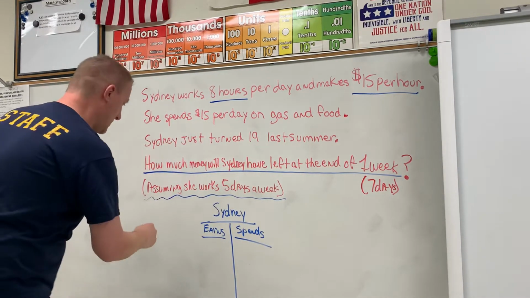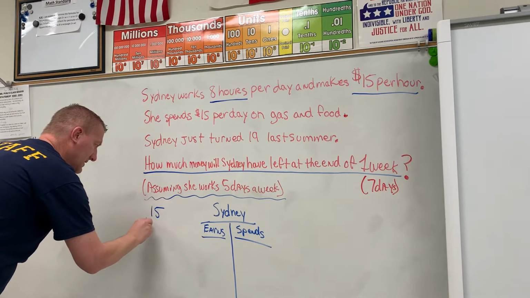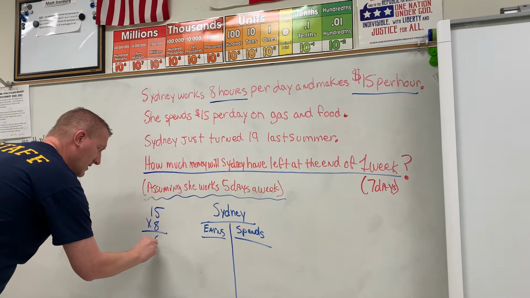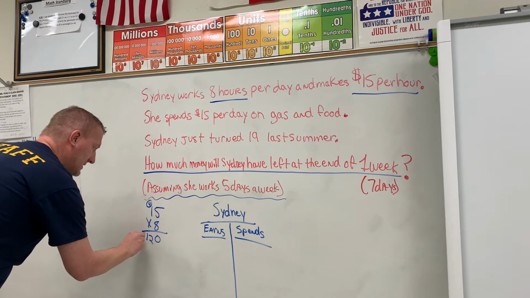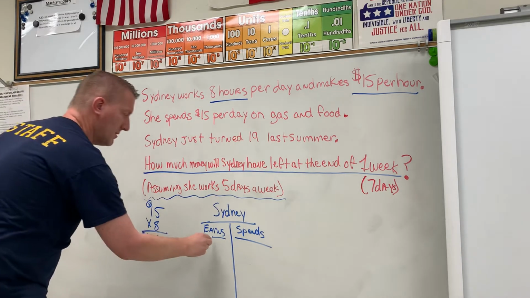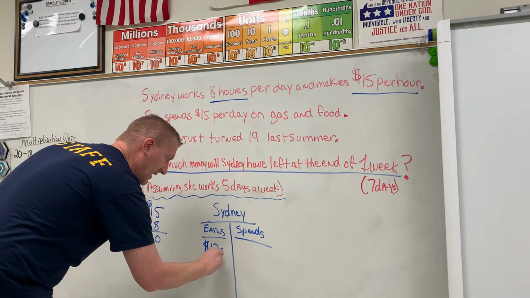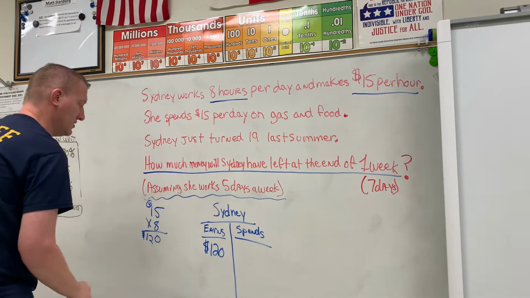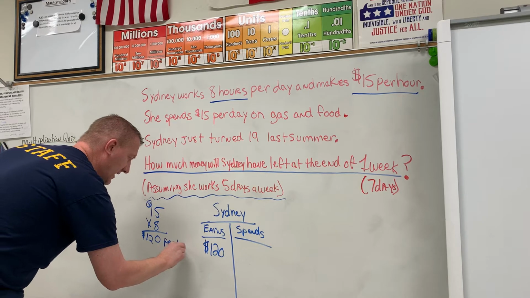So over here I'm going to go 15 times 8, and I'm going to take that and put it over in the earns column. That's how much she makes per day. Okay, so she makes $120 per day.